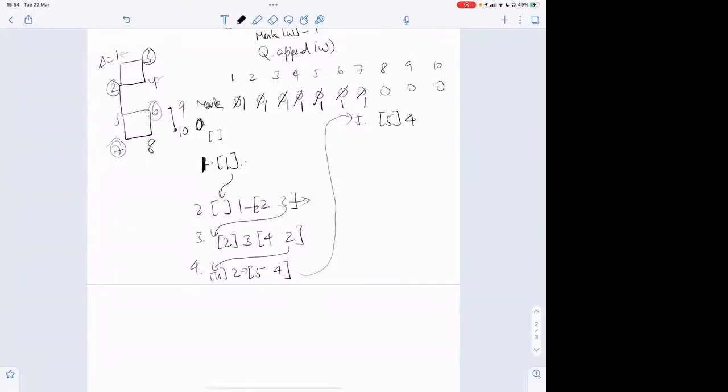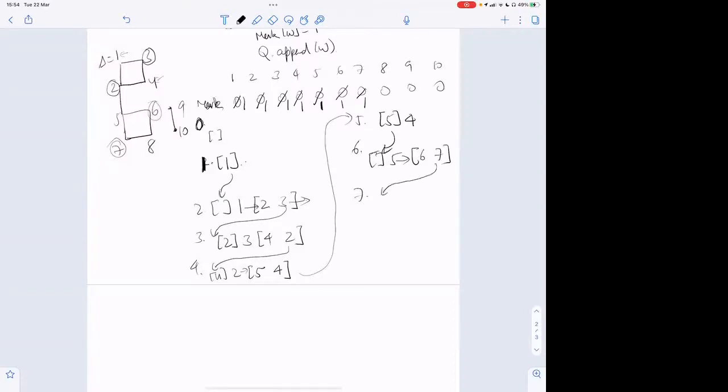And then I go to the next time step. I remove 5 from this. This becomes empty. This 5 is taken out, and now the queue is populated with the unmarked, unexplored neighbors of 5, which are 6 and 7. Correct? And so on. This continues.